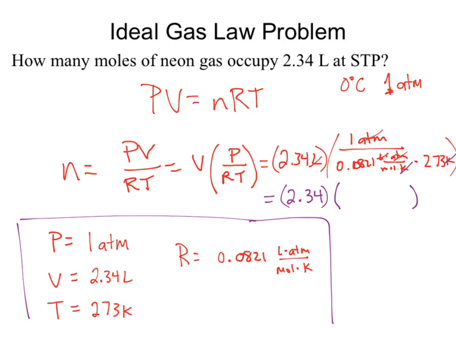Yeah, there's a calculator. 1 divided by 0.0821 divided by 273. Times 273. Return. Now do 1 divided by that number. Oh, wait. No, it's divided by 1.